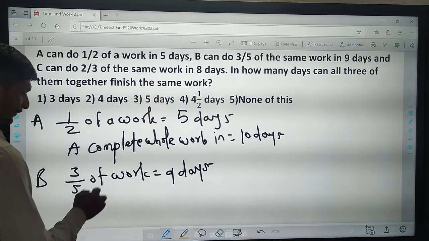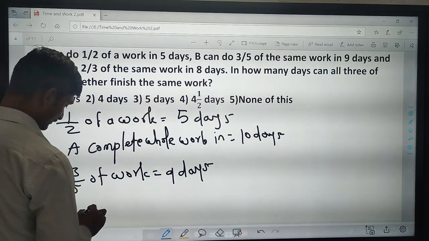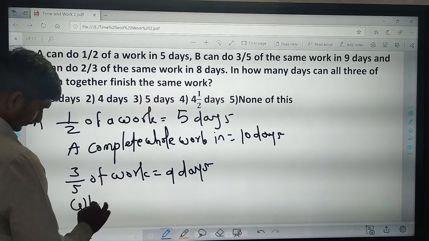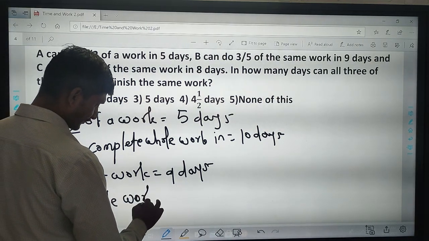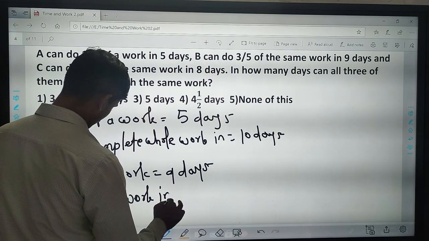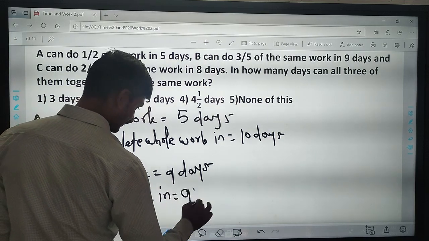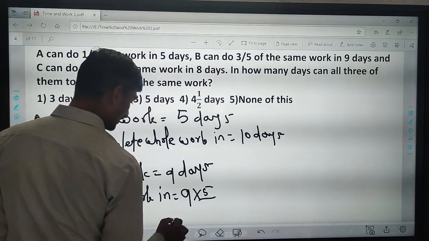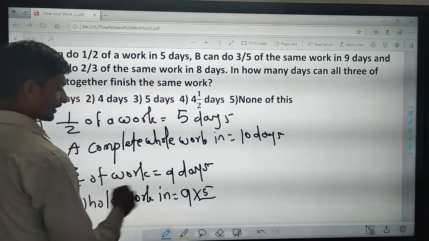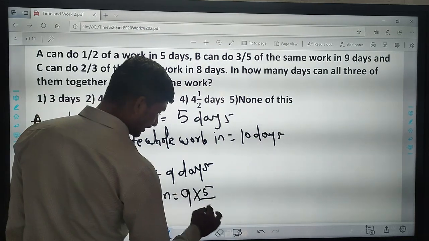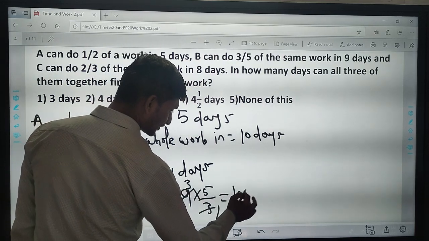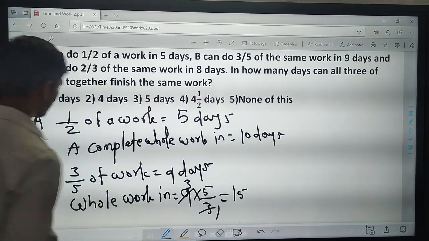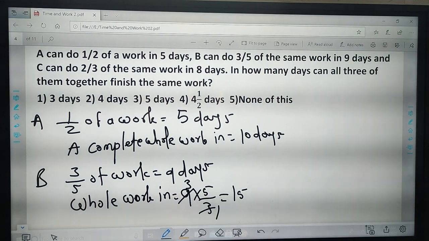Then B completes the whole work in 9 into 5 divided by 3, that is 15 days. B completes the whole work in 15 days.